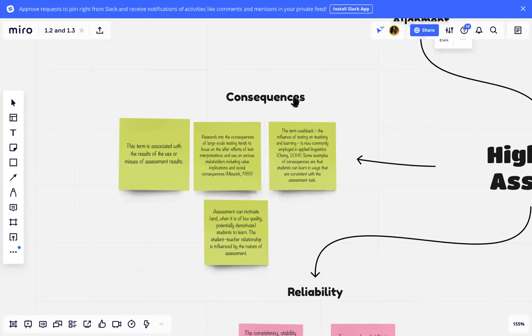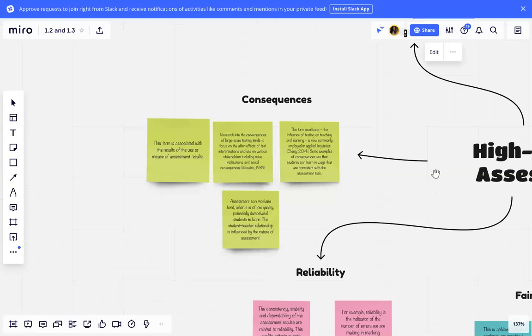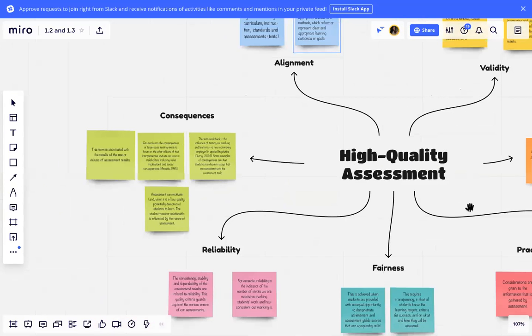Some examples of consequences are that students can learn in ways that are consistent with the assessment task. Assessment also can motivate students to learn. The student-teacher relationship is influenced by the nature of assessment in this case. So this is for high quality assessment.